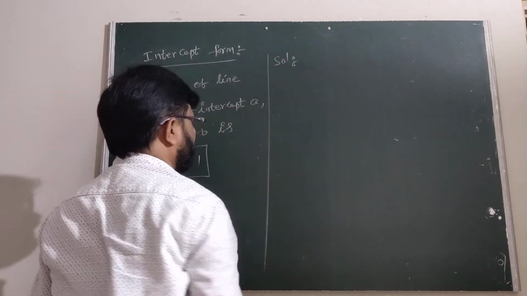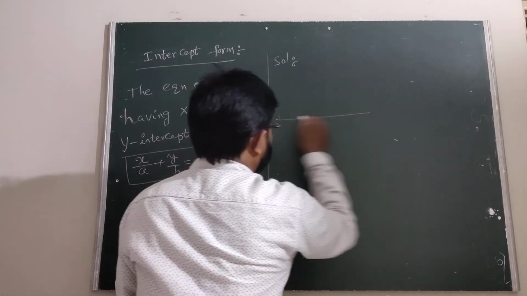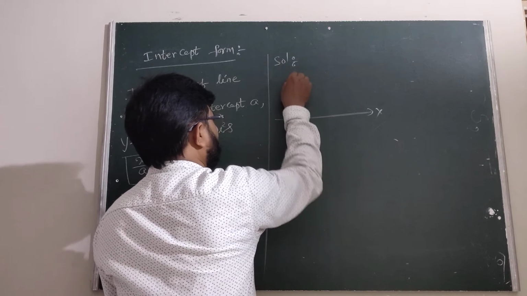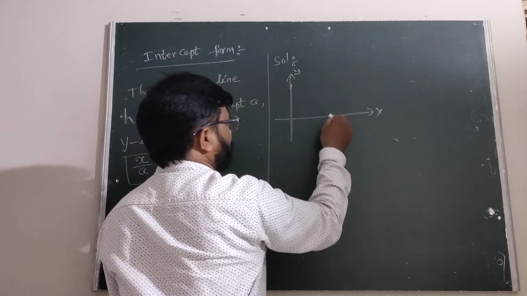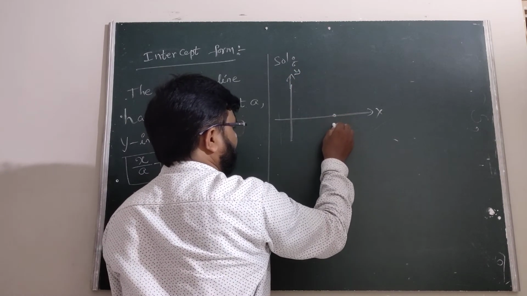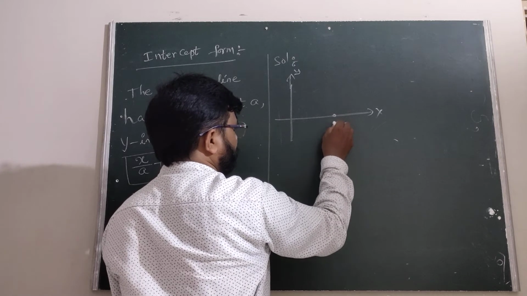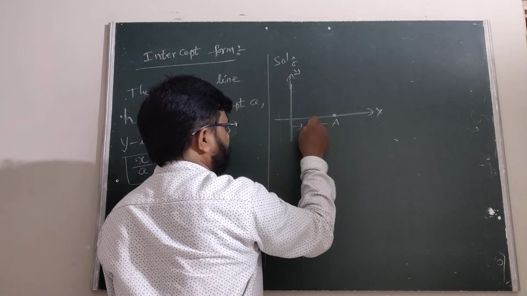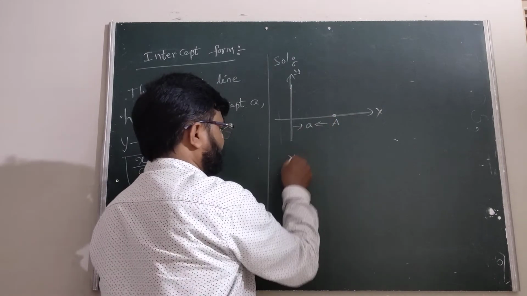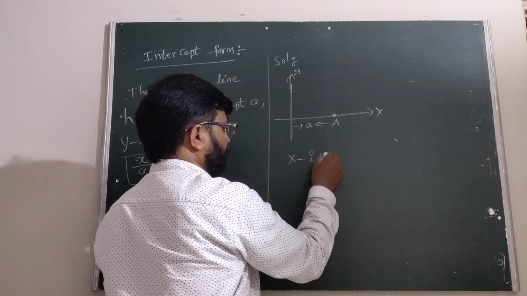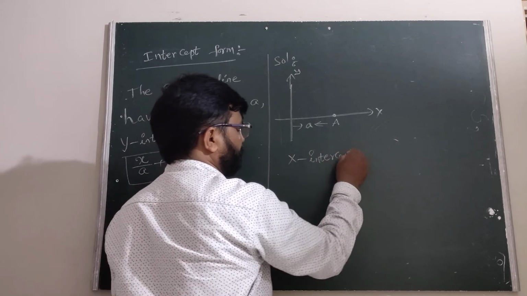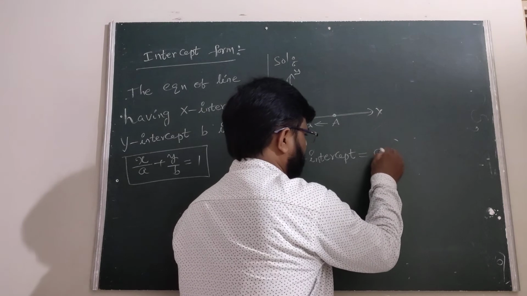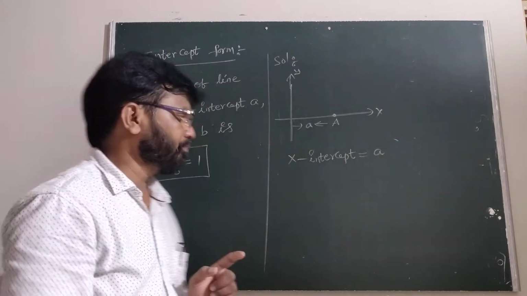So the solution is, here we are taking this as the x-axis, this as the y-axis. The line intersects the x-axis at A, of length small a. All of you listen here, the x-intercept is small a.